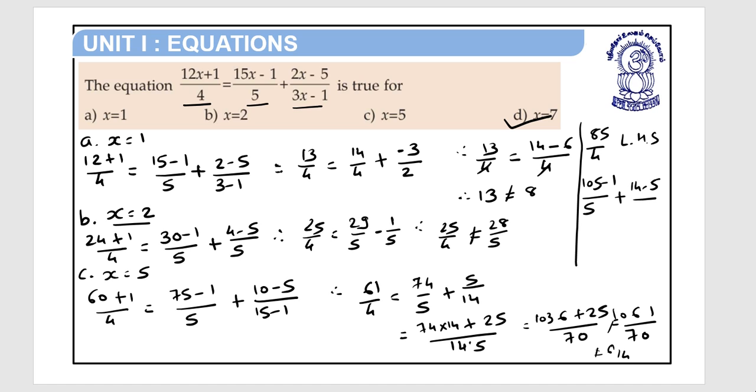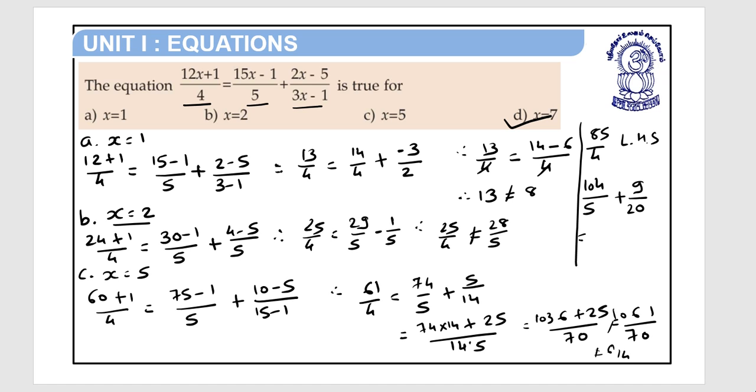So 14 minus 5, here we can write 9 by 3 sevens are 21, 9 by 20. Or here we can write 104 by 5.